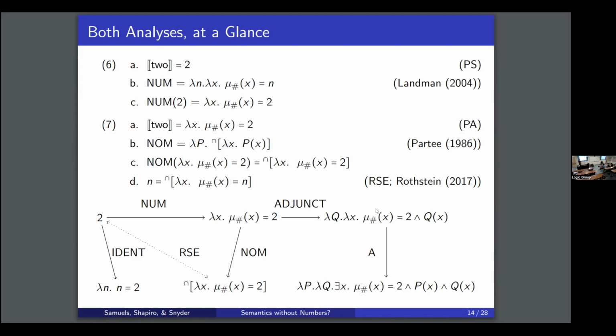Expressions like "the number two" refer to numbers. What are numbers? Well, thanks to this schema, they are reified cardinality properties. The way I like to put it is that even if it starts off as something other than a singular term, when it shifts into singular term position, then you need a referent. Yeah, exactly. And this just tells you what that referent is.